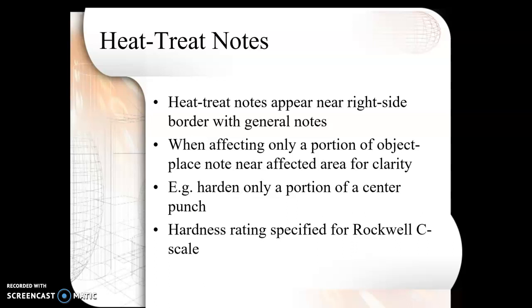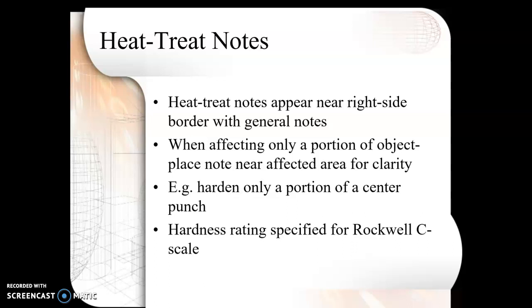Heat treating notes are something that we don't need to spend a lot of time on. I know the textbook has quite a bit of information on different metals and different hardness and different things that can be achieved by heat treating. We don't really need to know a lot of that in great detail.